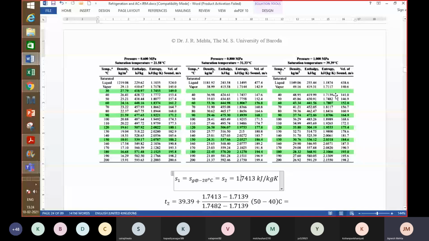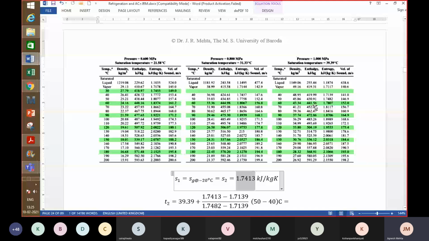So we are going to do the linear interpolation now to get the temperature, and similarly we can also get the enthalpy by the same method. You can understand that the temperature at the outlet of the compressor, state 2, is going to be between 40 and 50 degrees Celsius.